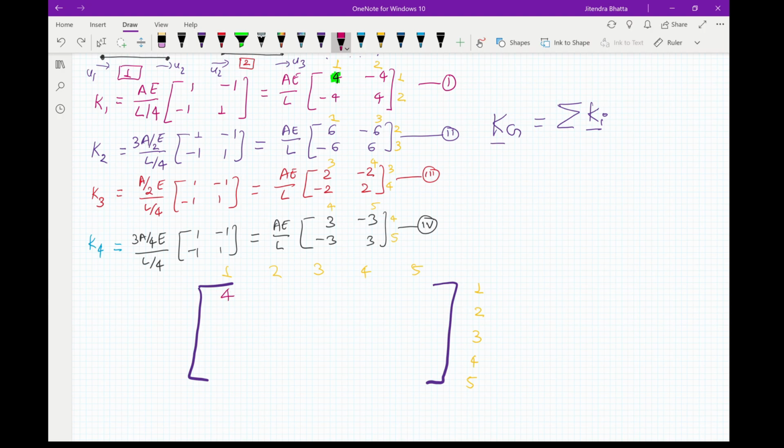Let's fill the rows first. Then you go to 2, 1. What you find here is this one corresponds to 2, 1. Therefore, you write minus 4 here. And you can see that there is no 3, 1, 4, 1 or 5, 1. Therefore, you write 0, 0, 0.